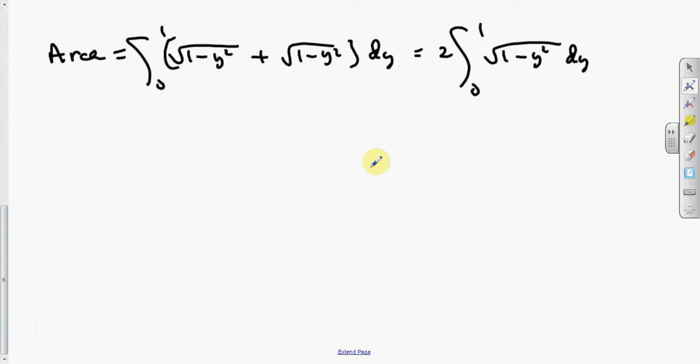Need to integrate this guy. I resort back to using trig substitution. That 1 minus y squared was for the trig substitution. Let sine u equal y over 1.